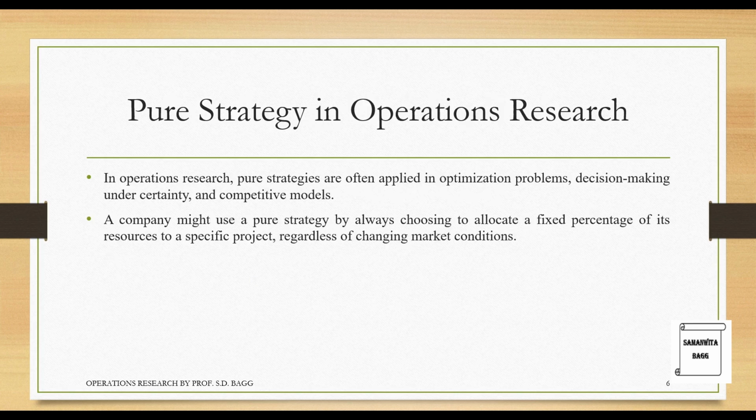Pure strategy in operations research. In operations research, pure strategies are often applied in optimization problems, decision making under certainty, and competitive models. So now you can see decision making done under certainty. You know that you are going to win the game if you choose rock, and the player knows that B will choose scissors.